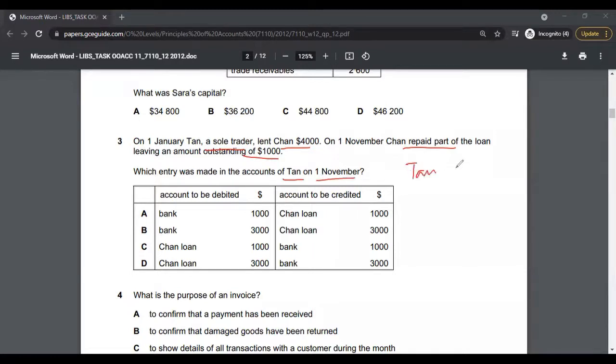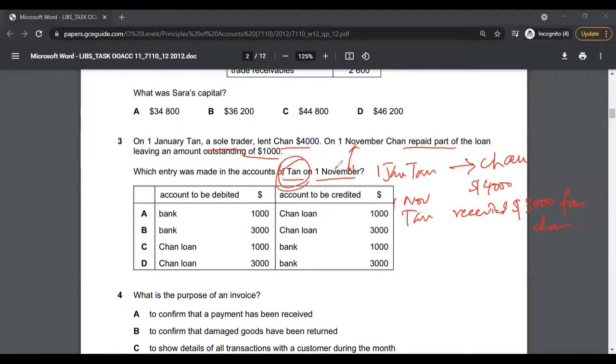So Tan gave Chan $4,000 of loan, and then on 1st November, Tan received $3,000 from Chan. This happened on 1st January and this happened on 1st November. We need to record the entry of 1st November in Tan's book.